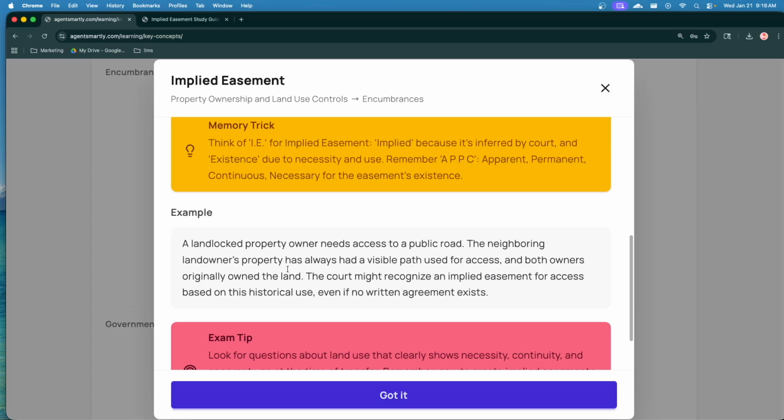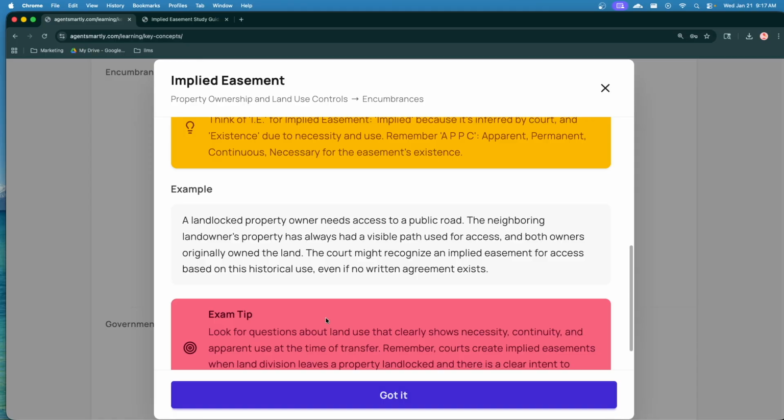So the court might recognize this as an implied easement for access based on the historical use, even though no written agreement exists. So once again, two key points. First, it's necessary. For the landlocked property, they have to cross the neighbor's property to get access to the public road, right? And second, there's no written agreement.